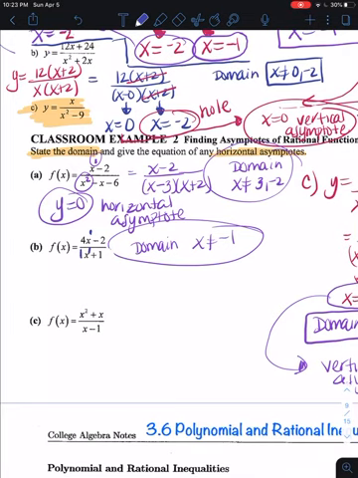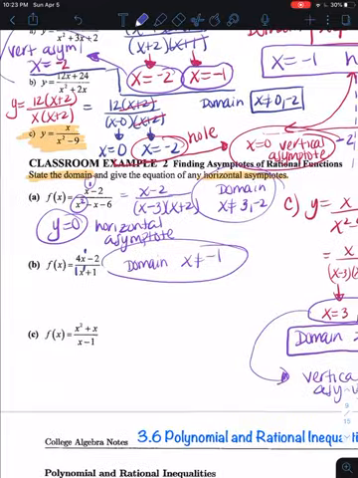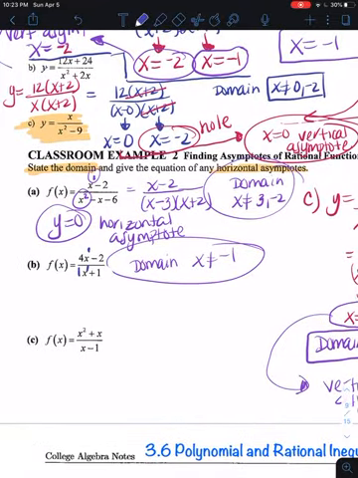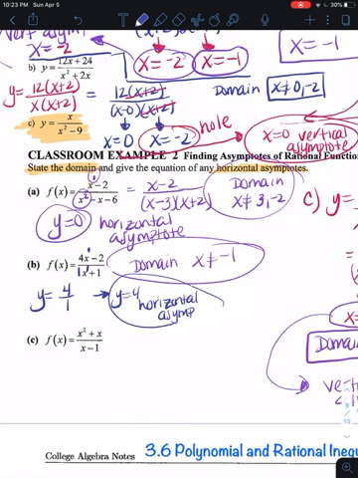So in this case, you use the second rule, which says if they both have the same degree, then your answer is going to be the ratio of the leading coefficients. So it's y equals 4 over 1, which is the same thing as y equals 4. This is your horizontal asymptote. If I graph this, both ends of the graph should be getting closer and closer to the line y equals 4.